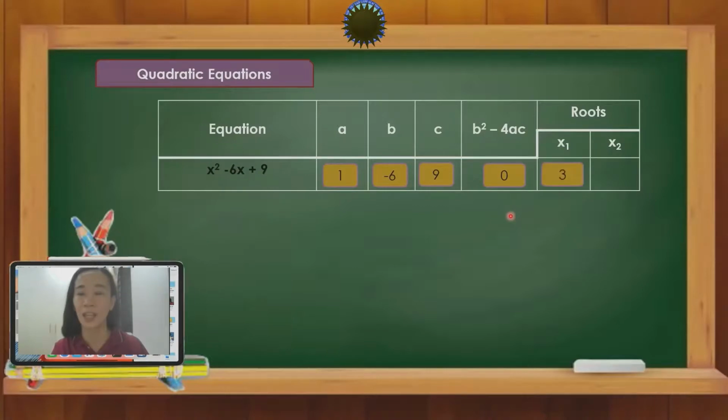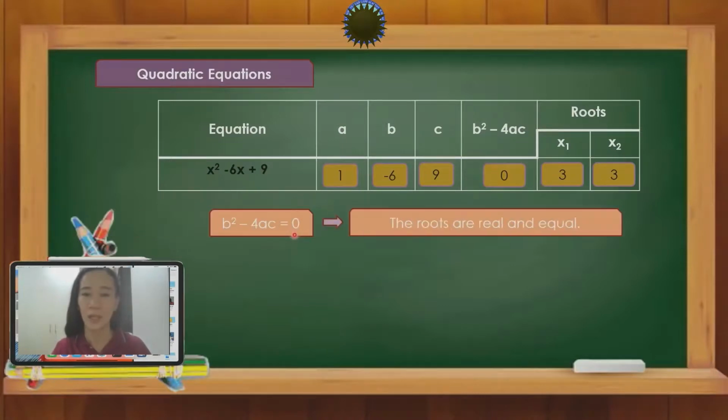That is 3 and also 3. So it is correct that if the discriminant is equal to 0, then the roots here are real and they are equal. Since we got the value of the discriminant as 0, we have roots which are real and equal.